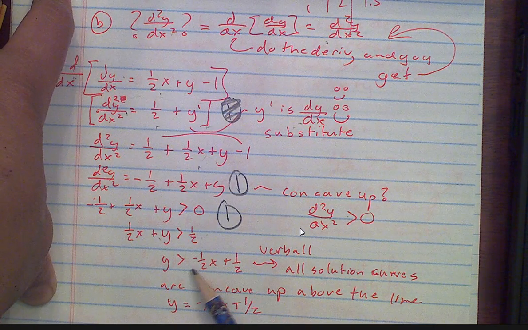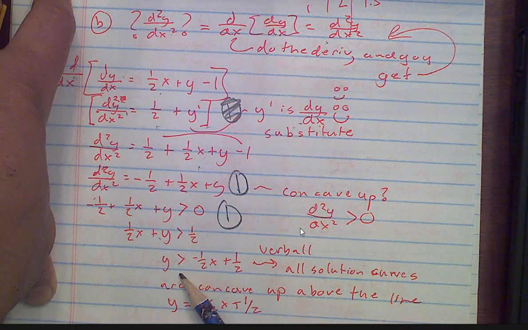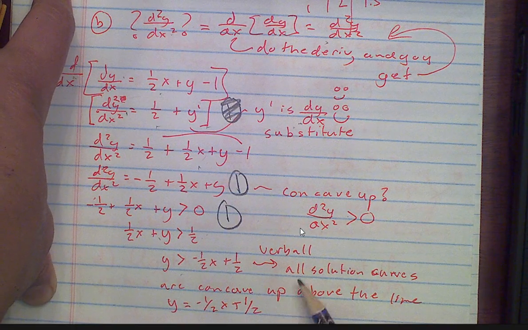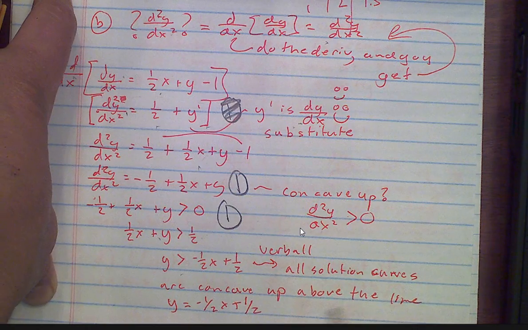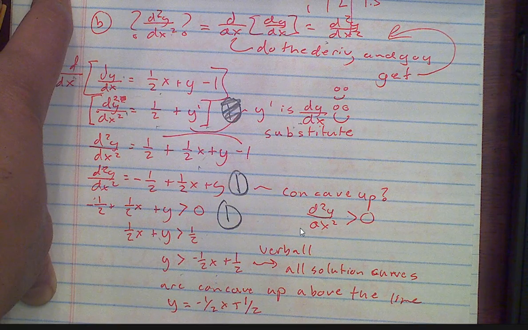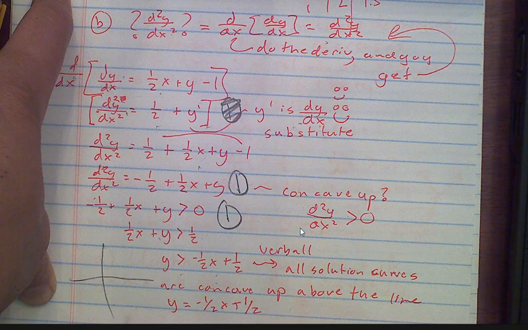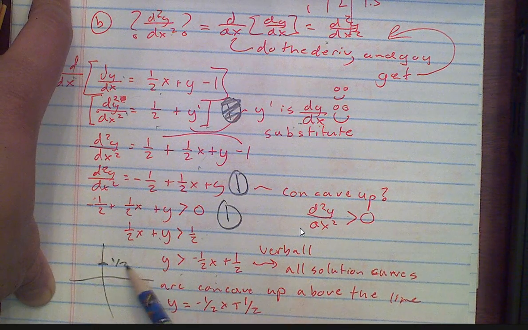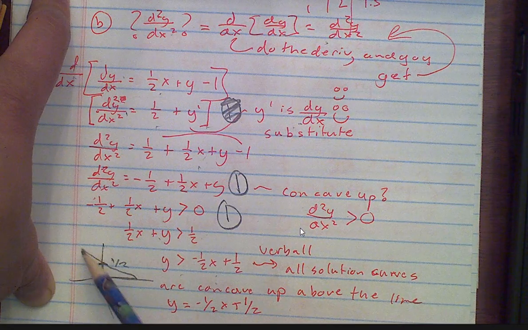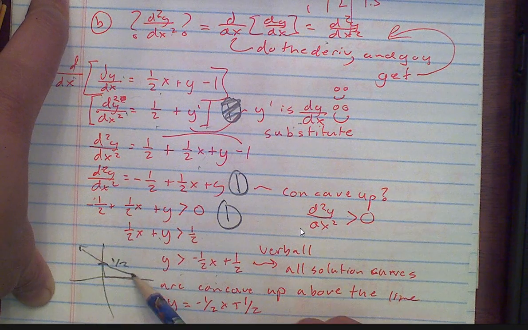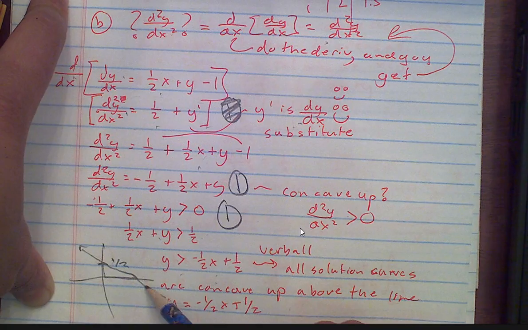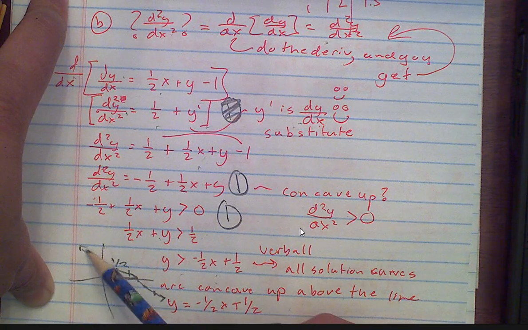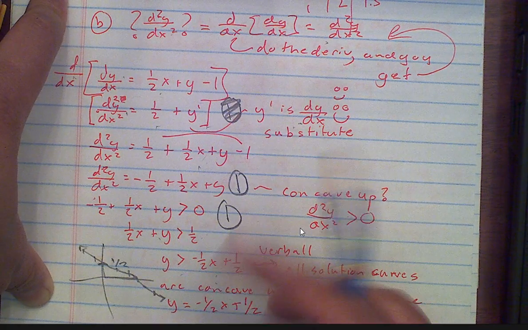I would find a linear equation for it and then state that all solution curves are concave up above this line, because you know how to do linear inequalities. Your y-intercept is 1/2, down 1/2, you got your line, but it should be dashed. You got a dashed line and you're shading above it.